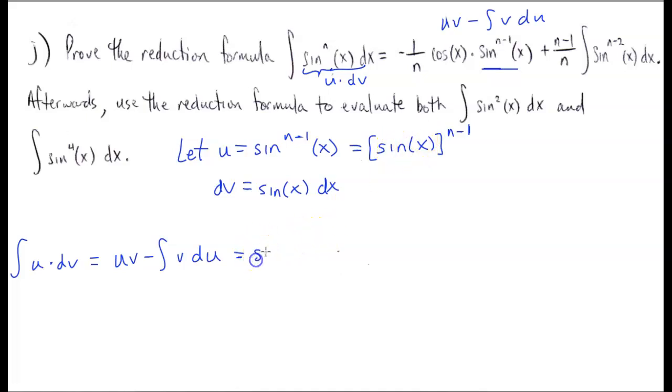And I'm going to write it like that until we don't have to use it anymore. Our v, of course, we haven't figured that out yet. But if dv is sine x dx, then the antiderivative of sine is going to be minus cosine. So our v here is going to be minus cosine of x.